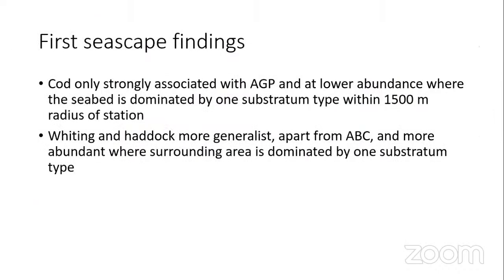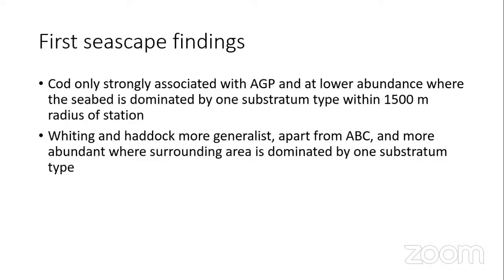So these are our first looks at seascape ecology. Cod, we found, are very strongly associated with gravel, with lower abundance where the substratum was dominated by one type within a 1,500 meter radius. That radius was chosen based on what we knew about the swimming speeds and mobilities of juvenile cod. Whiting and haddock were very different.